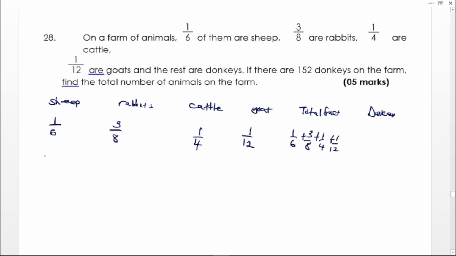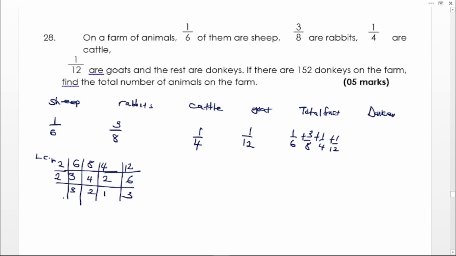So you have to get the LCM of 6, 8, 4, and 12. Then by 2 here. By 2 it is a 3, by 2 a 4, by 2 a 2, by 2 a 6. Then by 2 a 3, a 2, a 1, a 3. Then by 2 a 3, a 1, a 1, a 3. Then by 3 here it's going to give us 1 1 1 1.